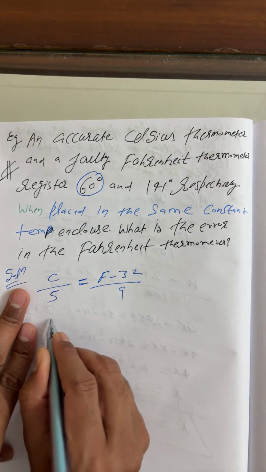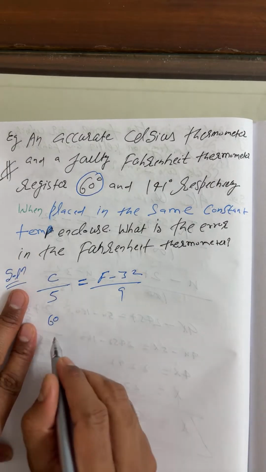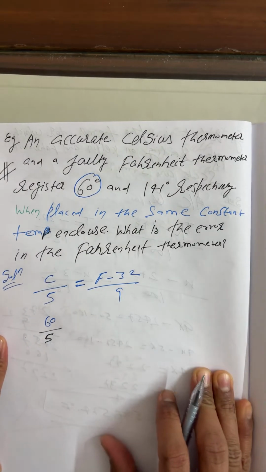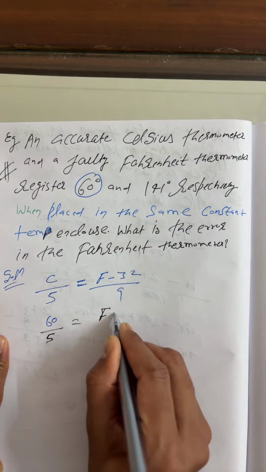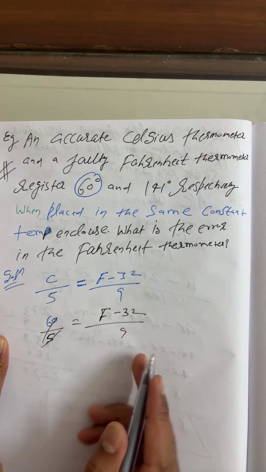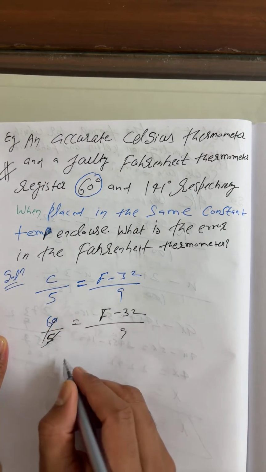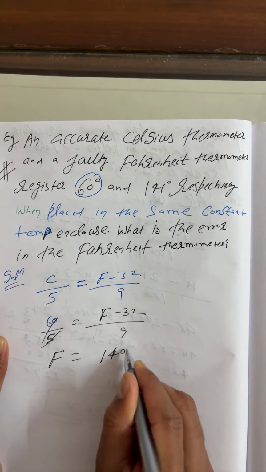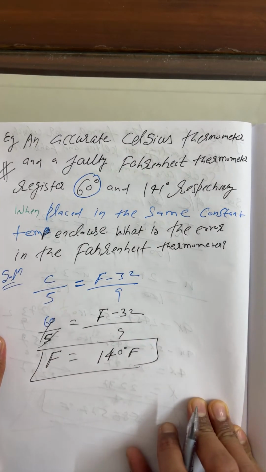So this is 60 upon 5, which equals F minus 32 upon 9. This is 12 here, so this is 108, 140. You can say F equals 140 degrees Fahrenheit.